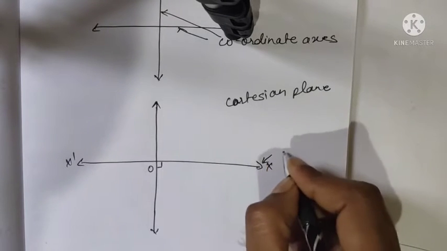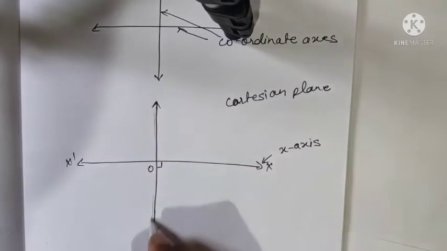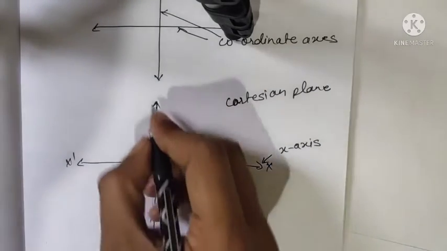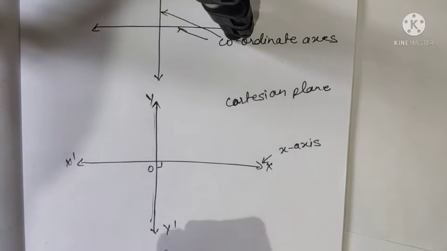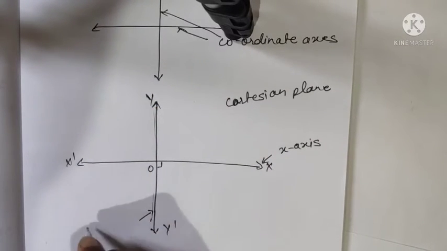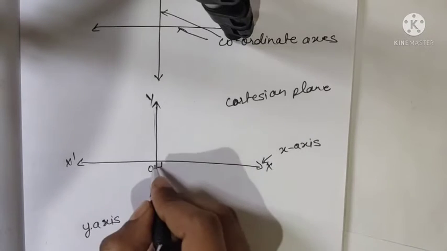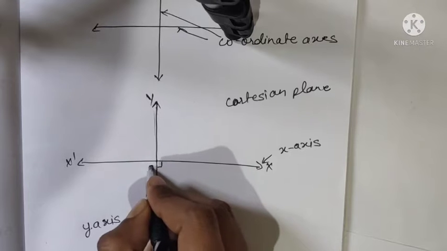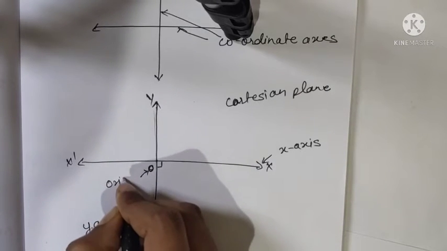This is known as the x-axis, and this vertical axis is denoted by Y'OY. This axis is known as the y-axis, and their intersection point is denoted by O, and this is known as the origin.